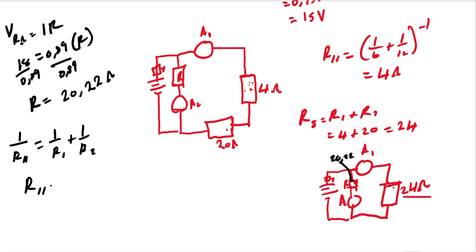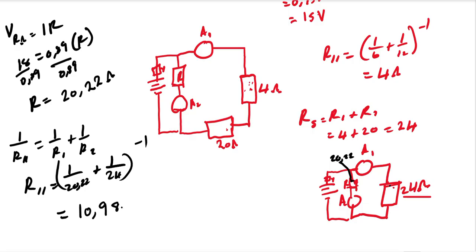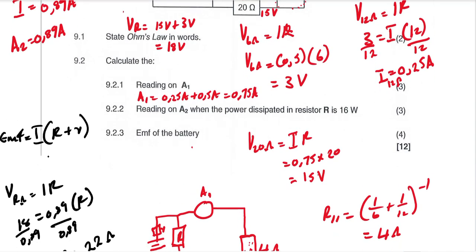And then our R parallel will be (1 all over 20.22 plus 1 all over 24) to the power -1. And then we're going to get 10.98 ohm.